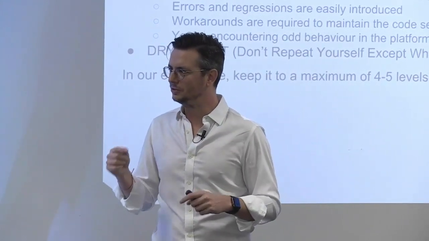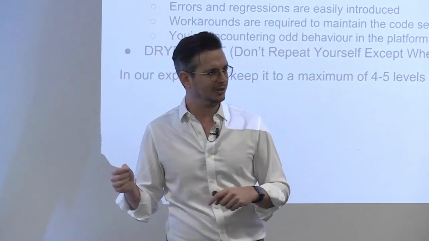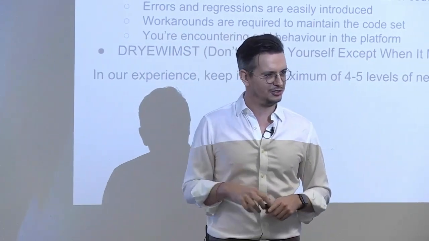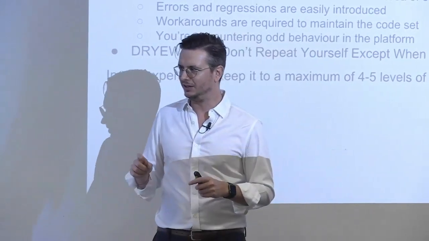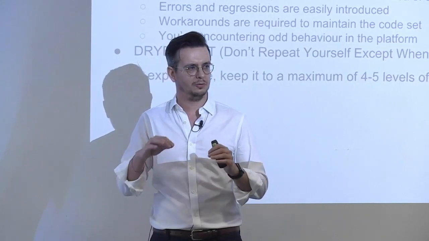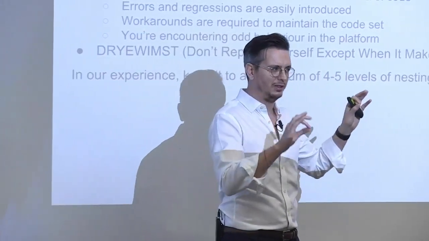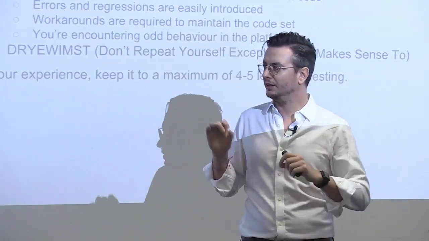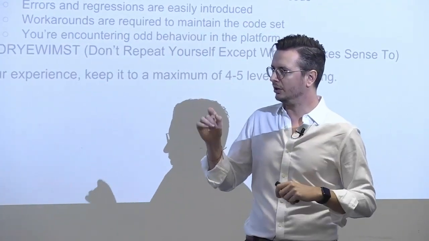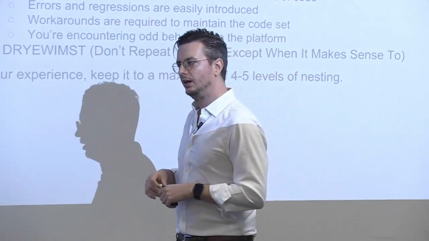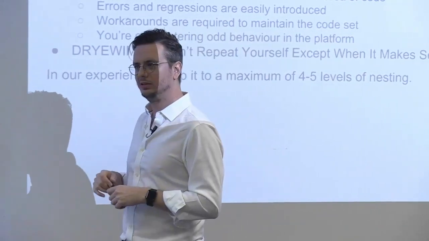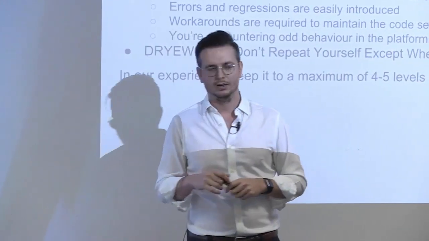So you start having to do very weird things in order for your application to continue to work. And finally, at certain points, the platform starts to crack. So weird things start happening. Things stop working. You start encountering odd errors that just don't make sense. And this is a pretty good signal that you've gone too far.